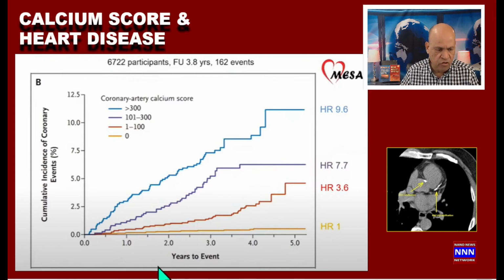If their calcium score was 0, as you can see, the risk of cardiovascular events over 5 years was less than maybe 1%. Whereas if their calcium score was greater than 300, their risk of cardiovascular events was 10% or more by the end of 5 years. This clearly shows what risk category you fall into based upon the calcium score.